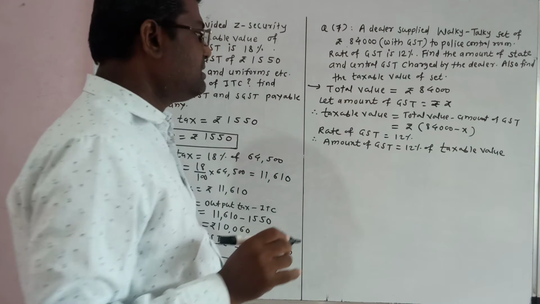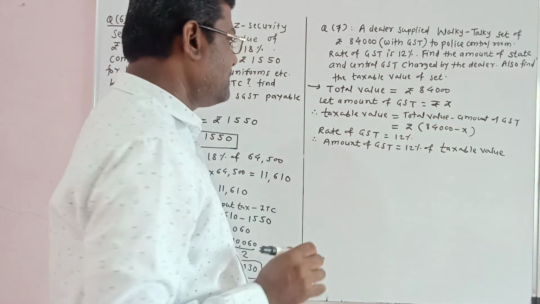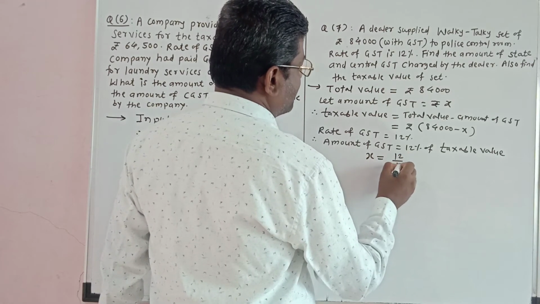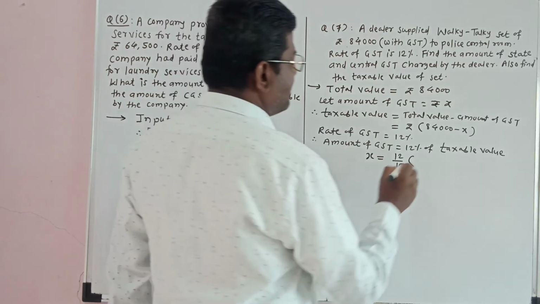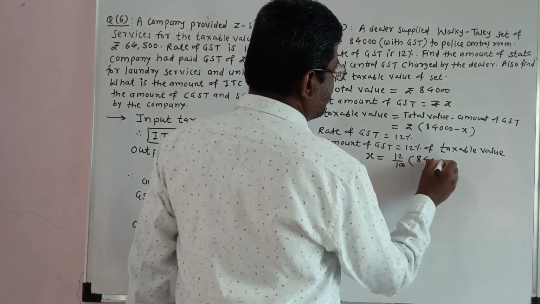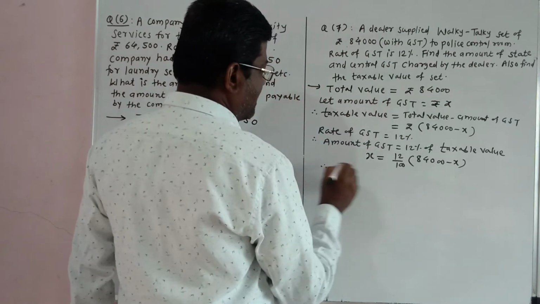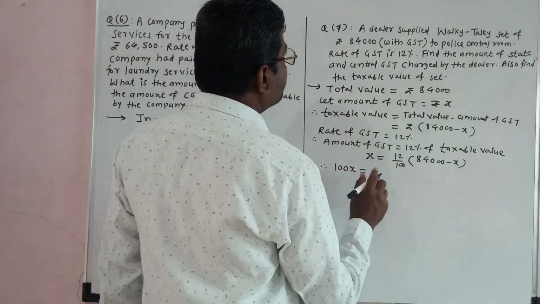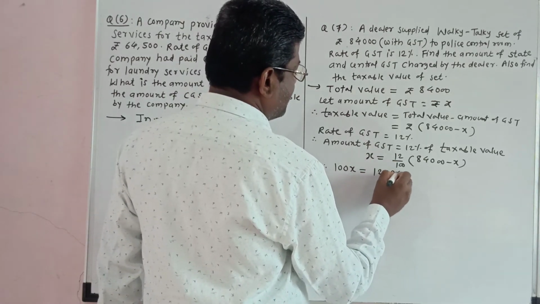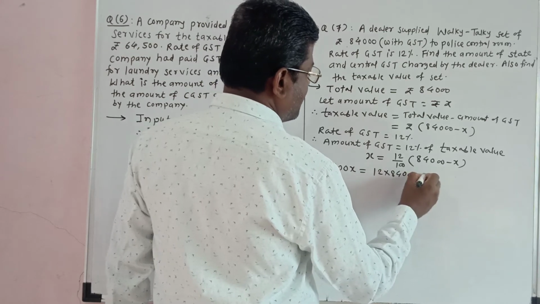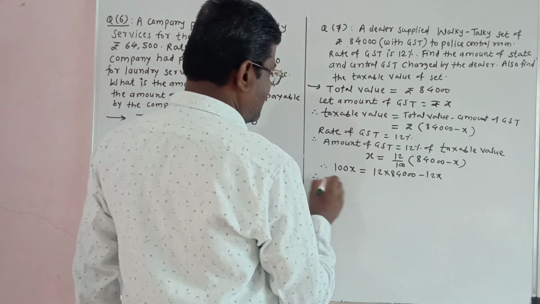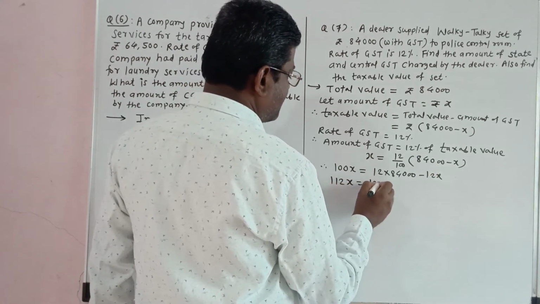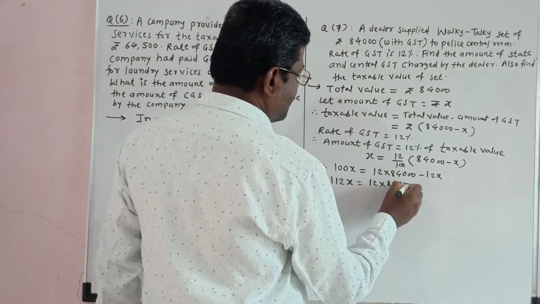Now the amount of GST we have taken as rupees X. So X is equal to 12 upon 100 into the taxable value, which is 84,000 minus X. Therefore 100X is equal to 12 into 84,000 minus 12 into X. Therefore this minus 12X and this 100X, 112X is equal to 12 into 84,000.